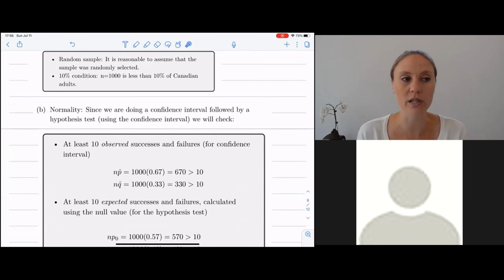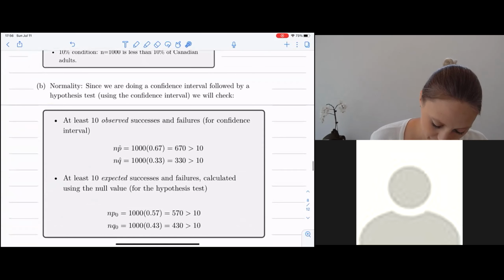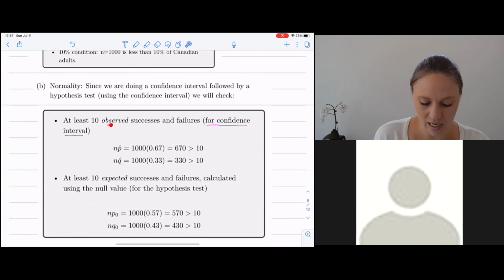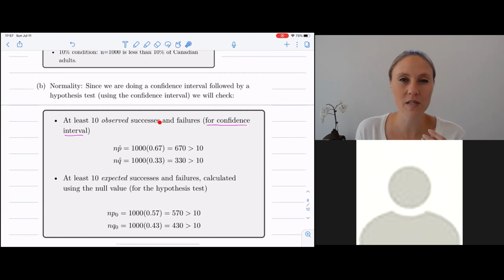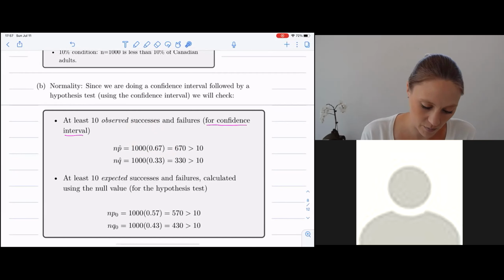And like I said, we're going to check both the confidence interval as well as the hypothesis test. So for the confidence interval, we need at least 10 observed successes and failures, right? In this case, I don't have the number of successes, but I have the sample size and the sample proportion. So I can convert that to 670 successes, which is definitely more than 10.